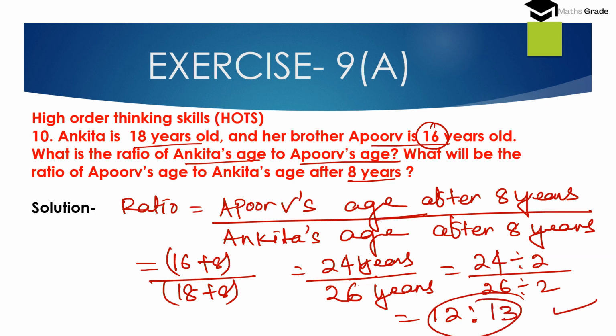So 12 is to 13 is the ratio of Apurv's age to Ankita's age after 8 years. So 12 is to 13 is the answer. So the ratio of Ankita's age to Apurv's age is 9 is to 8, and the ratio of Apurv's age to Ankita's age after 8 years will be 12 is to 13.